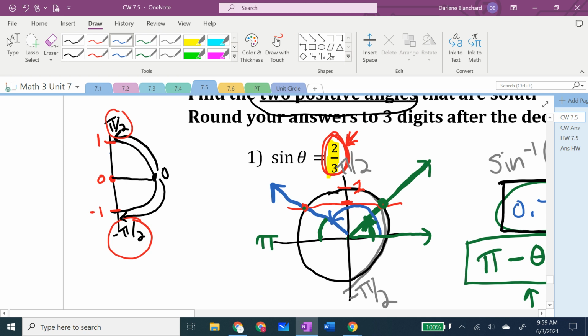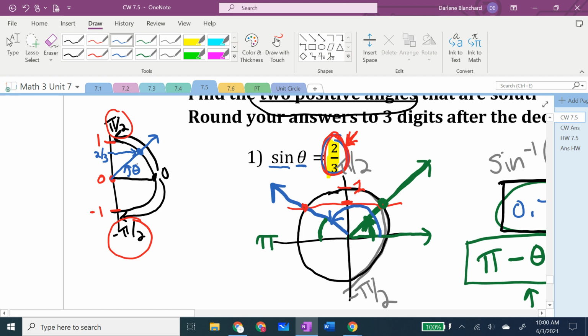So I've got 2/3. And just to point out to you, if my sine is equal to 2/3, then it's taking me to a particular point with a y-coordinate of 2/3. When a terminal side of an angle crosses the unit circle at y-coordinate 2/3, that angle has a sine value of 2/3.